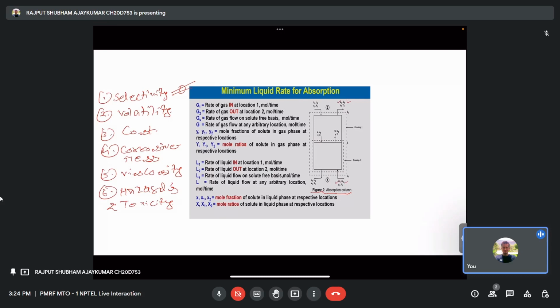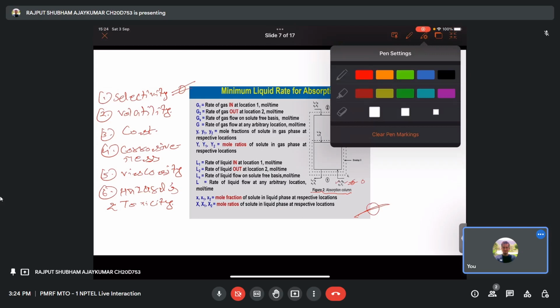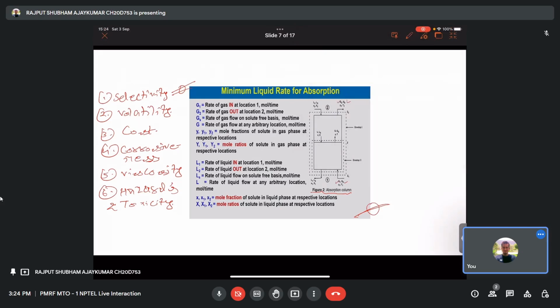So in the image we have the mass transfer in a gas absorption column, in which we have shown the gas entrance at one point. As you can see, this is the gas inlet, and this is the gas outlet.